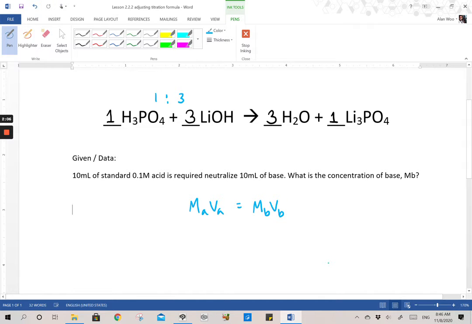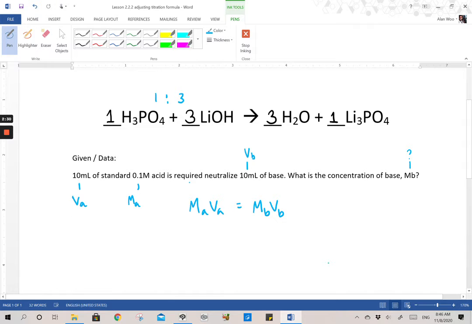Normally, if you plug in all of our values, you have 10 mL of acid. The MA is 0.1. The VB is 10 mL again, and they're asking what is the molarity of your base.